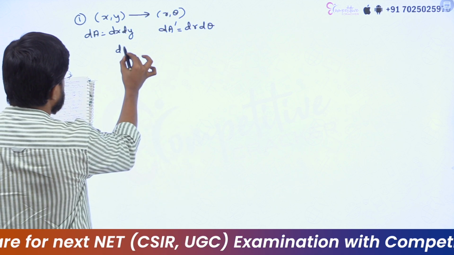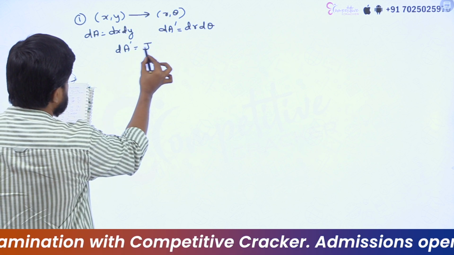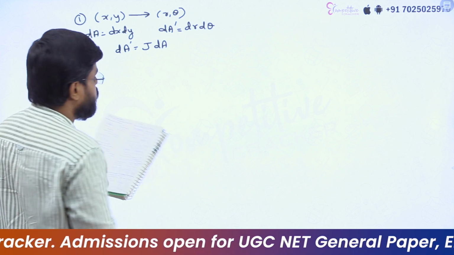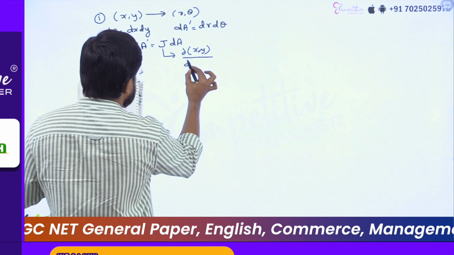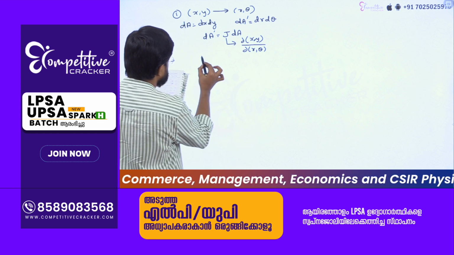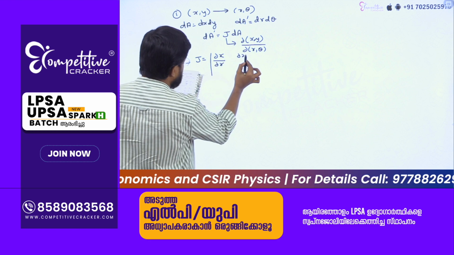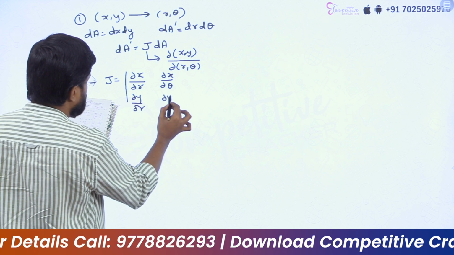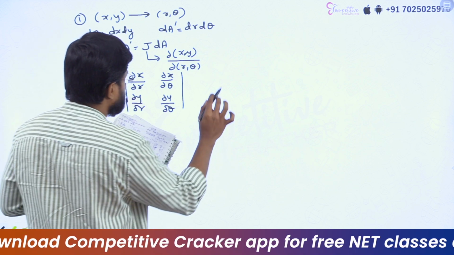We have found that dA prime is equal to J into dA, where J is defined as dou of x comma y by dou of r comma theta, and J is equal to dou x by dou r, dou x by dou theta, dou y by dou r, and dou y by dou theta, and we know the conversions.